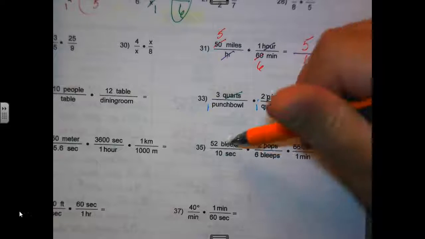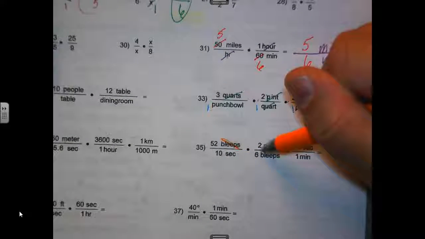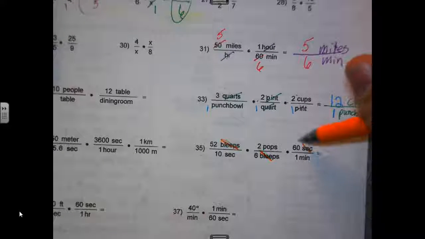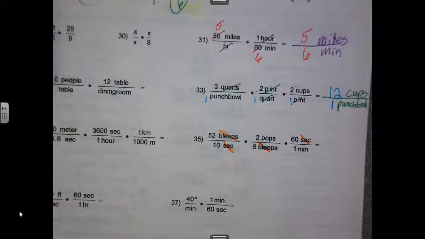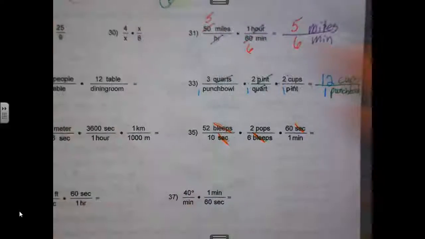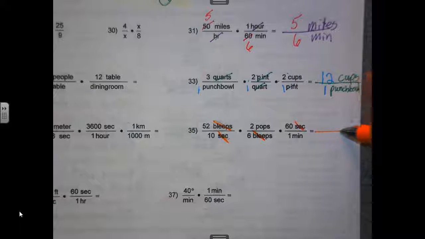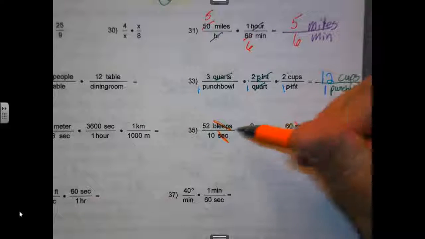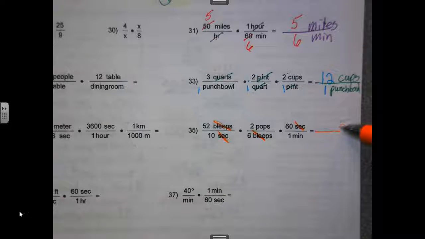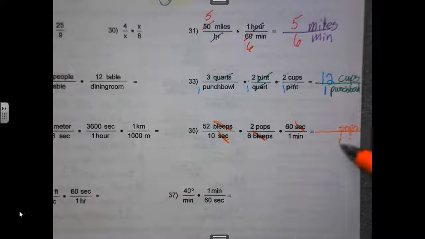Number 35. See, I can cross out a B. I can cross out second. I don't know what this is. That leaves me with hops per minute.